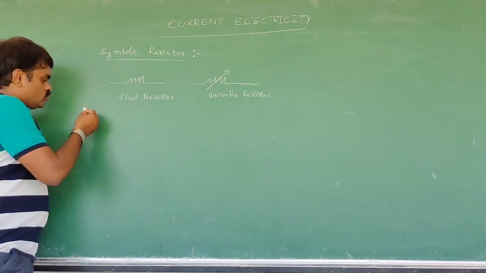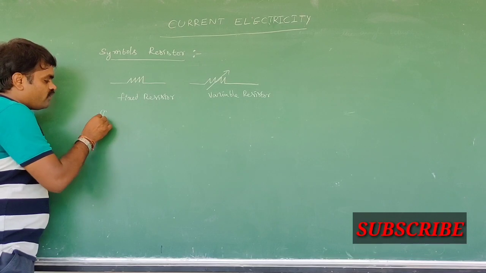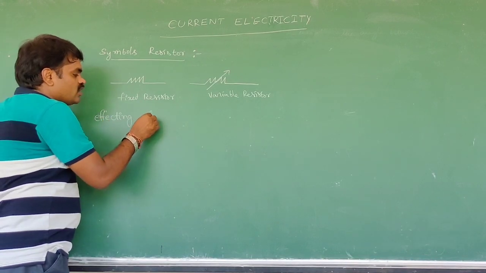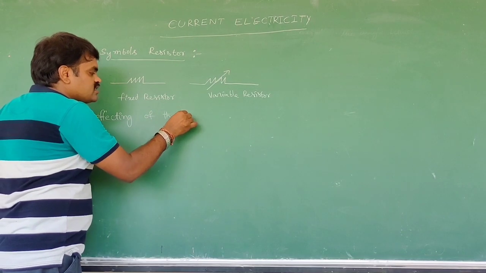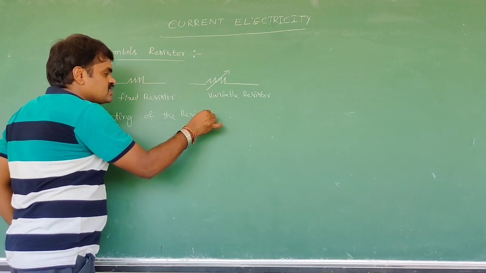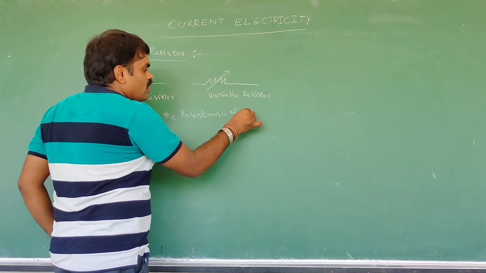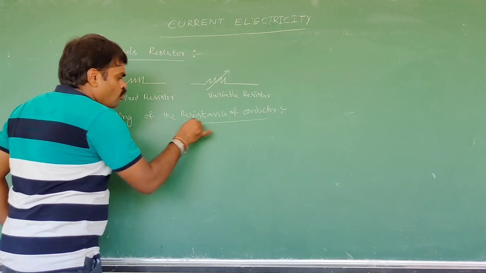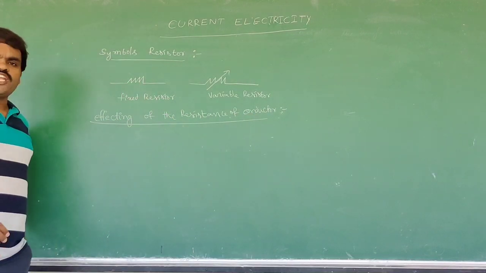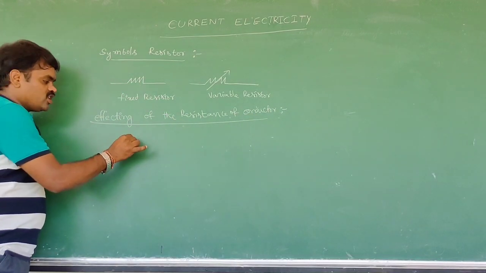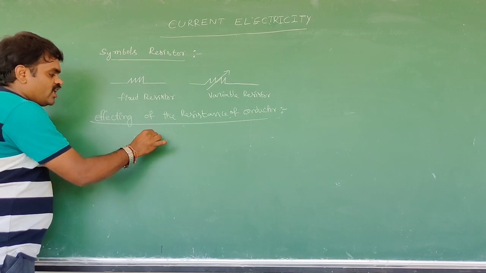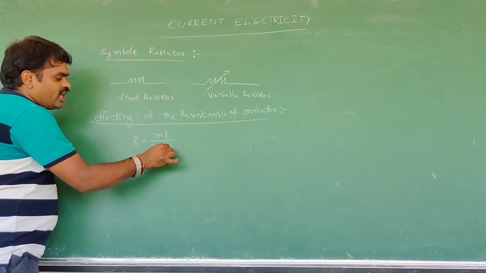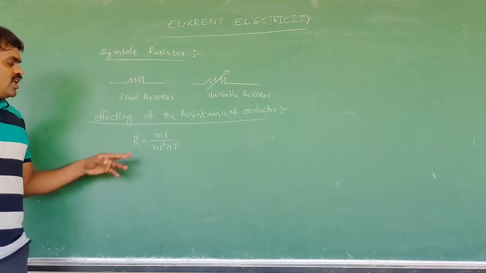Now we are going to study the factors affecting the resistance of a conductor. Here we know the resistance of the conductor R is equal to mL by N e² A τ.